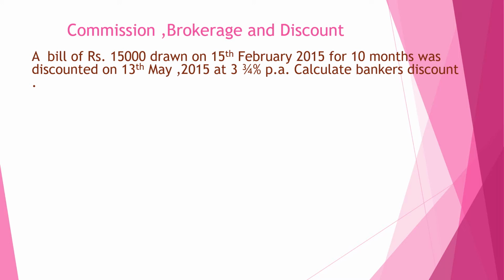The word problem says that a bill of rupees 15,000 drawn on the 15th February 2015 for 10 months was discounted on 13th May 2015 at the rate of 3 3/4% per annum. Calculate the BD, banker's discount.